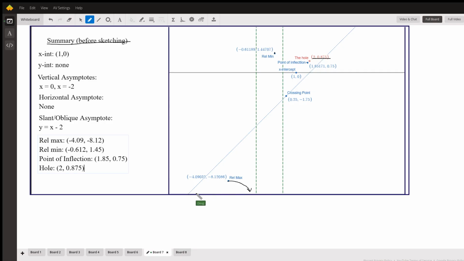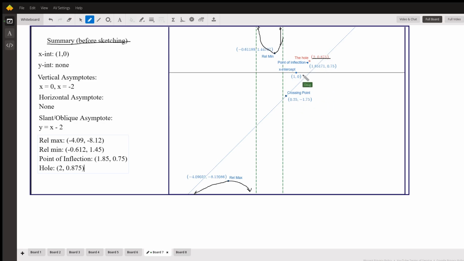As we go this way, that graph is going to get closer and closer to its slant asymptote. It's never going to touch it because the only point where it touches is up here. Up in this branch between green dashed lines, this point's a relative minimum. So we must be going up this way and up this way. Whoop. And again, the graph can never cross its vertical asymptote.